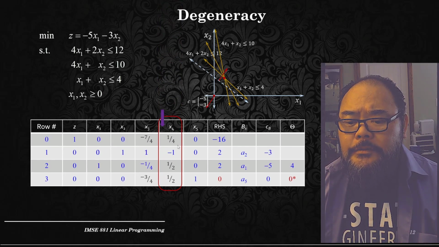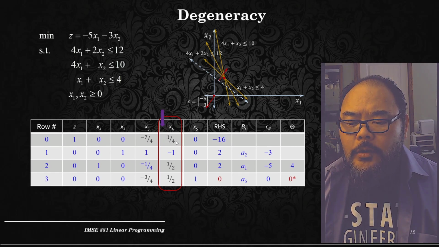x4 is the one that possibly has a positive z4 minus c4. The reduced cost is 1/4. So that means increasing x4 by 1 unit, the objective function value will decrease by 1/4.